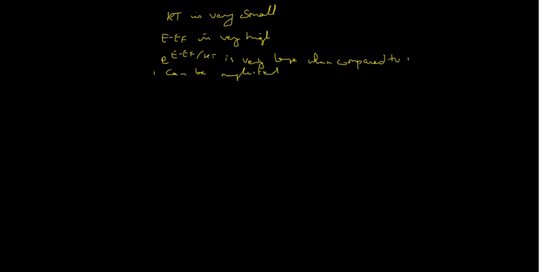After neglecting this, you will get n is equal to 4 pi by h cube, 2 me star power 3 by 2, integral from EC to infinity, and inside you have E minus EC power 1 by 2, and we are taking that to the numerator.